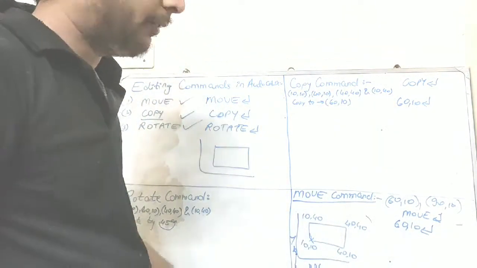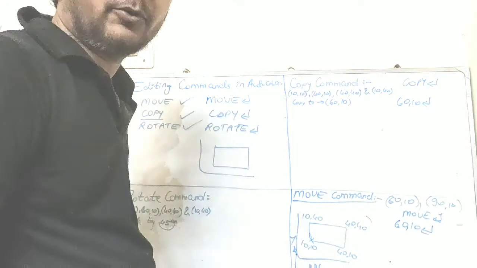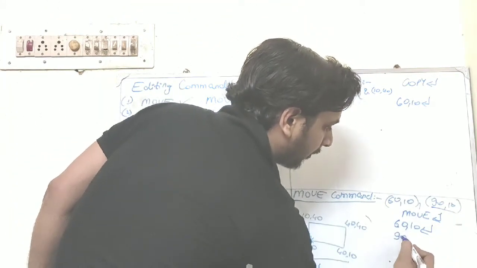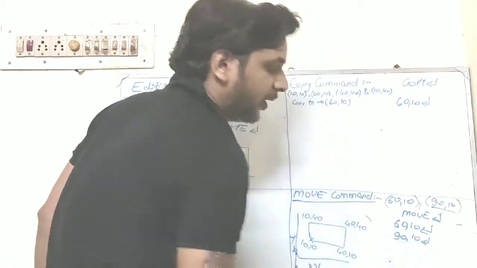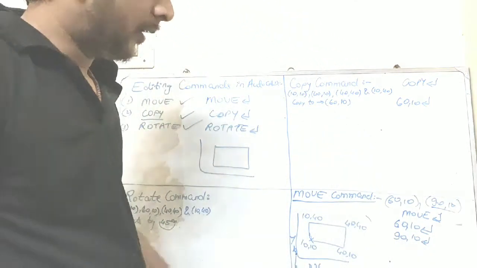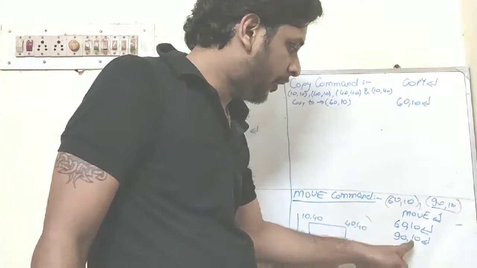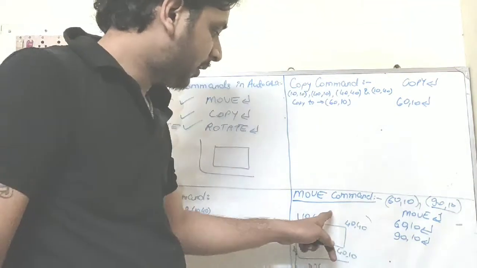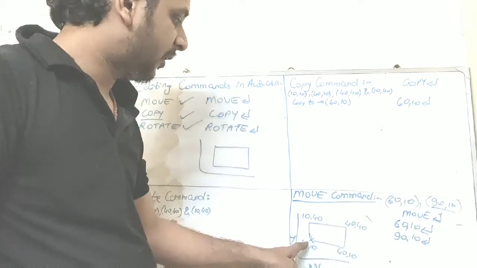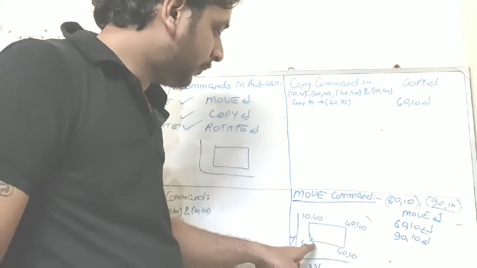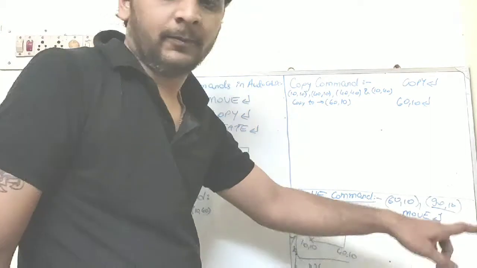Now the computer will ask you to specify the second point to move. Second point is also given, 90, 10. So at the command prompt type 90, 10 and press enter key. You will see when you press the enter key after typing 90, 10, this rectangle having corner points 10, 10 and 40, 40 will get moved from 10, 10 to 60, 10.